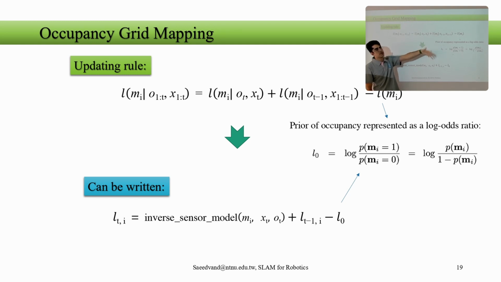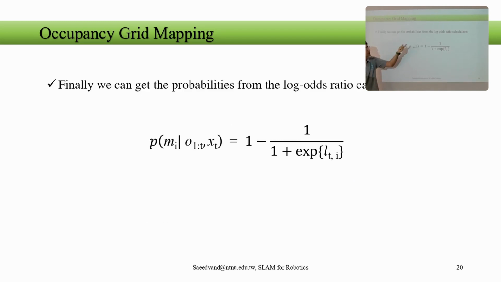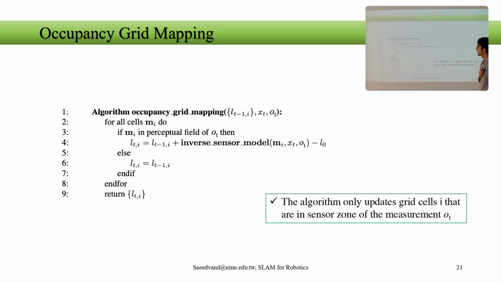After all those maths, we first bring it from probability to log odds form to make it stable, and after doing all the calculation in logarithmic form, we can return it by this term over here to the probability: 1 subtracted by 1 over 1 added by the exponential of the logarithmic form of the l_{t,i} calculation.